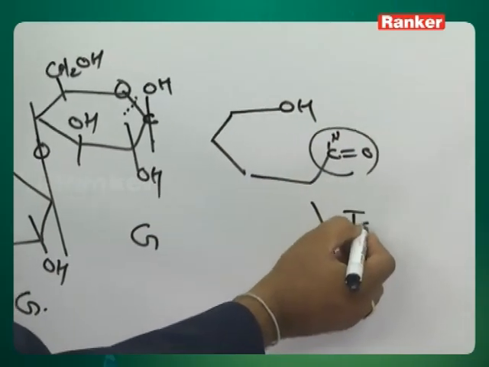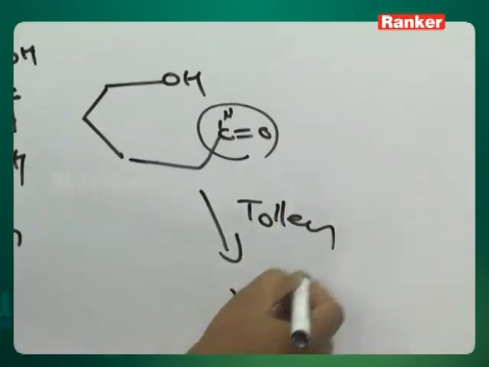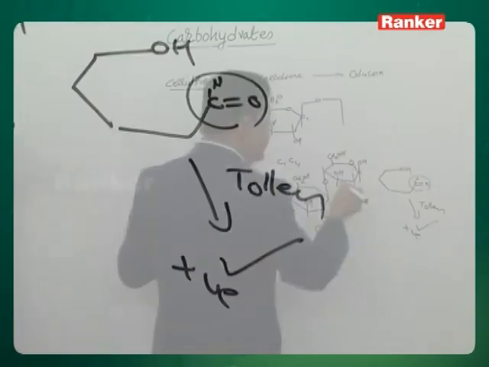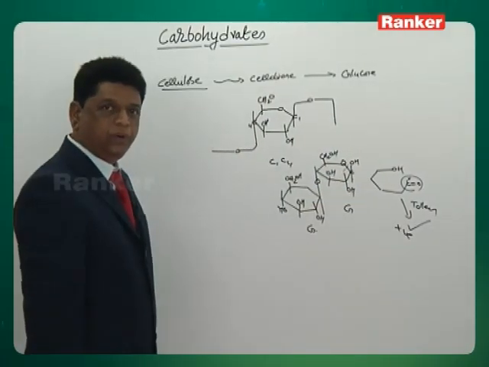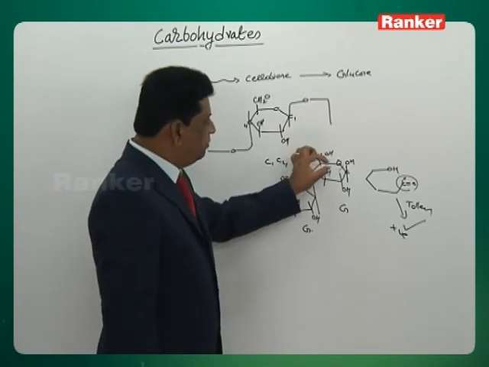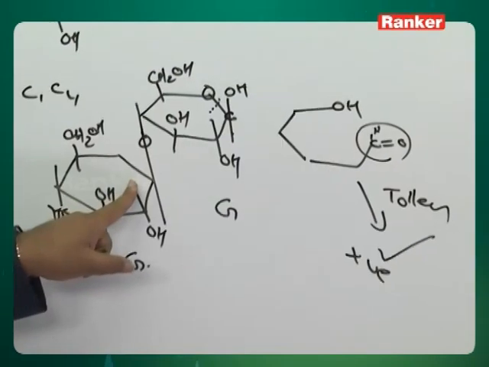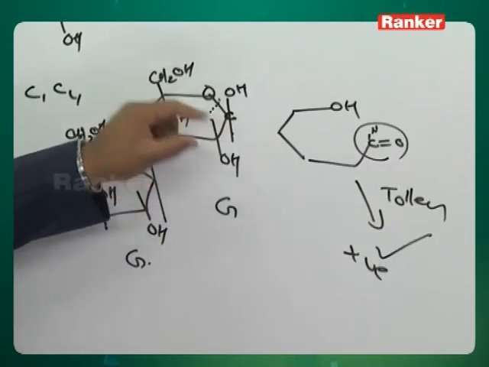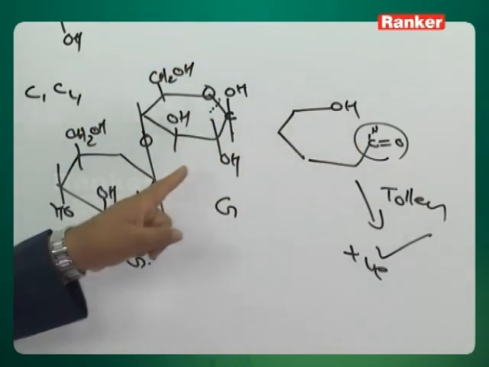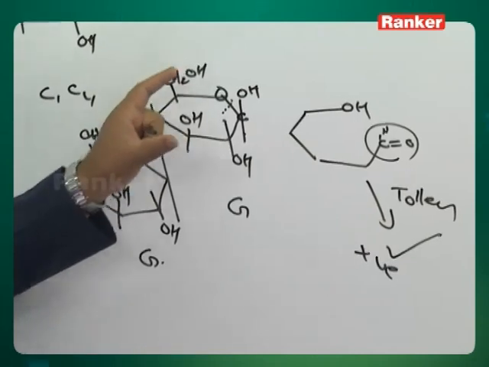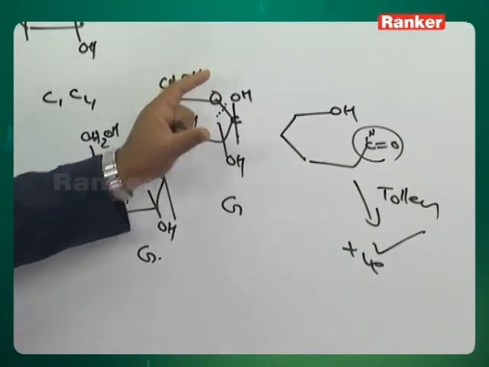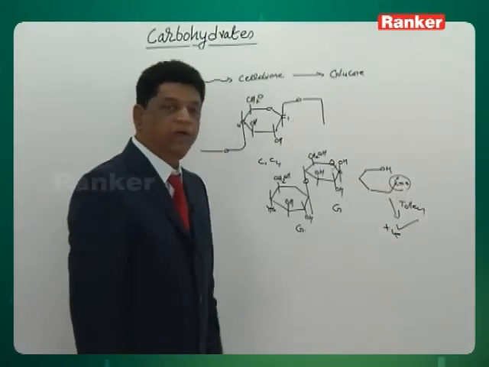Therefore when you add Tollens reagent, it again gives a positive test. Though it is a disaccharide, at one place you can open it. The back one is not able to open, but the front one can open into the aldehyde, because when water is added it can go into the open-chain form. The open structure has an aldehyde, therefore it is going to reduce.